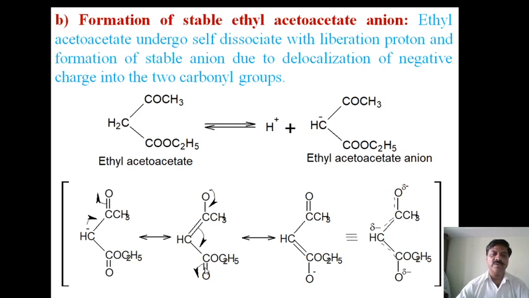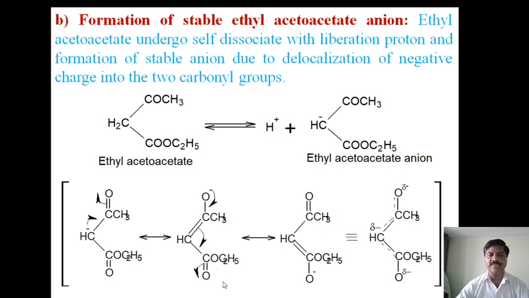Again, this oxygen atom is more electronegative. It abstracts the electrons towards itself, making this bond tetravalent. This bond will be shifted here, making this also tetravalent. That is, it becomes a double bond, and therefore we make another form.